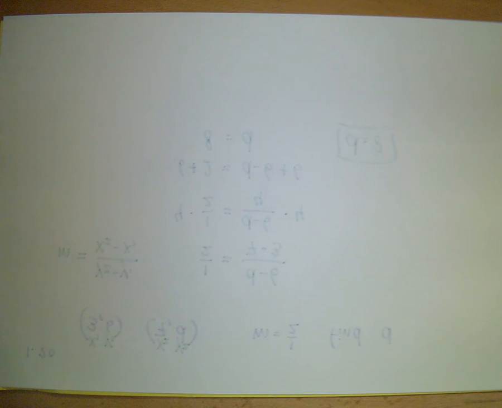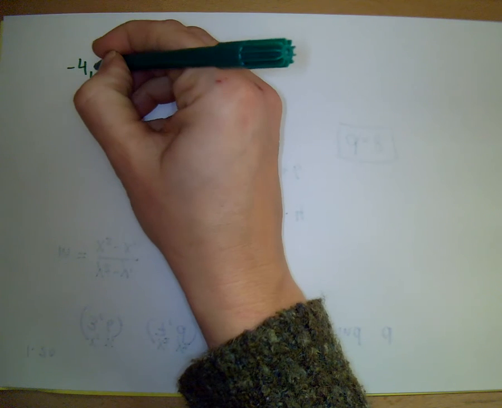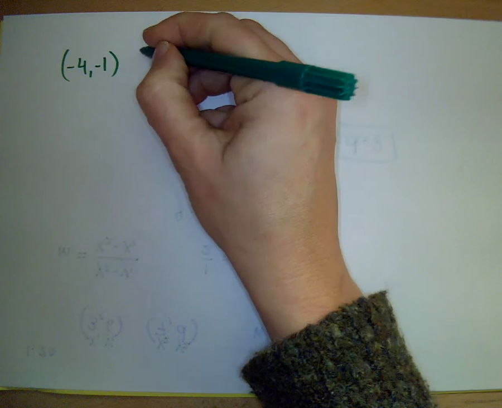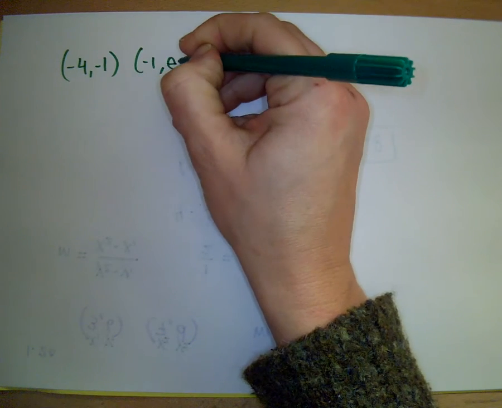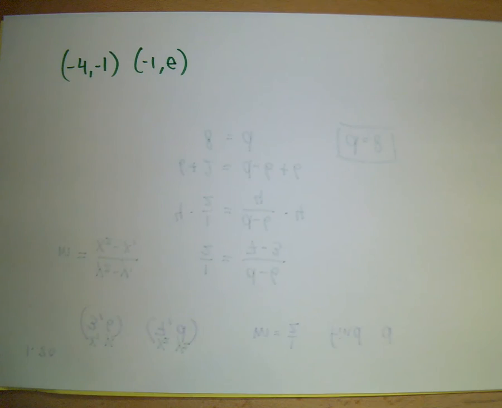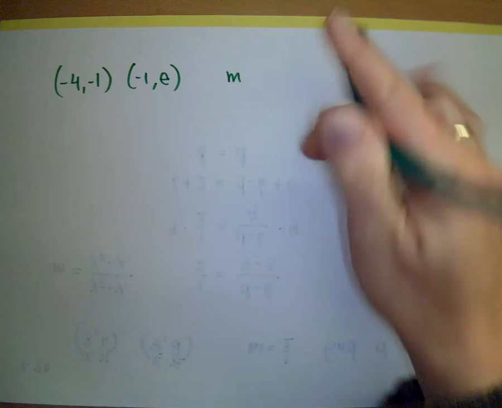Number 8. Number 8 says we have a line joining -4, comma -1 to another point, -1, comma E. So here again, E is our unknown y value. This line has a gradient, M, of 2.